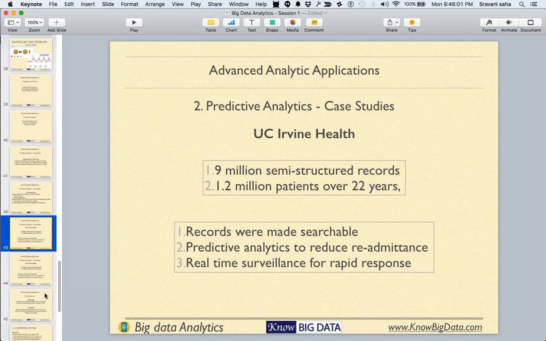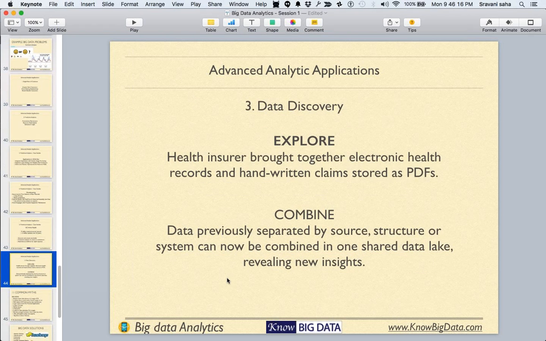If a hospital is able to figure out when to release people on time, then this kind of readmittance will not happen again. And real-time surveillance for rapid response. So lots of organizations are able to utilize big data in these domains.